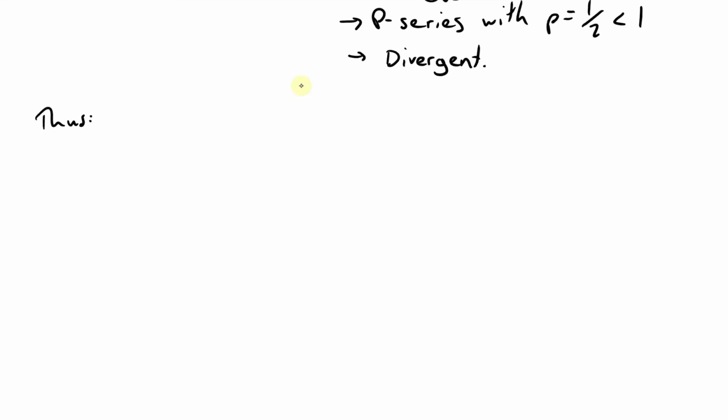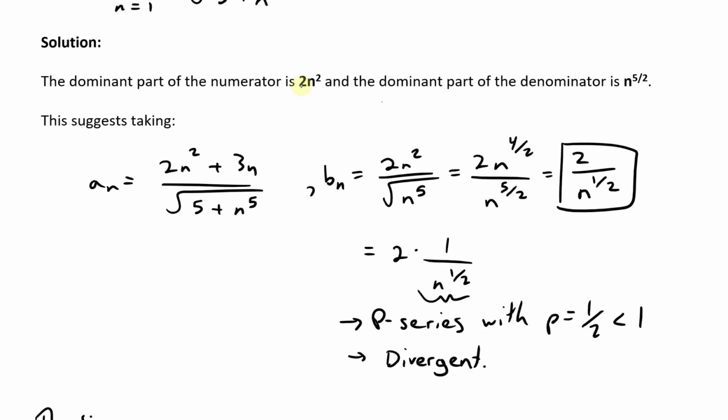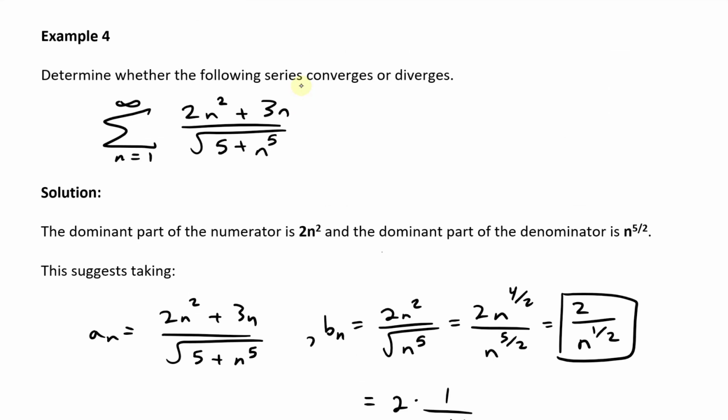So thus, limit as n approaches infinity of an over bn, like that. This equals the limit as n approaches infinity, and then our an is going to be this over here.